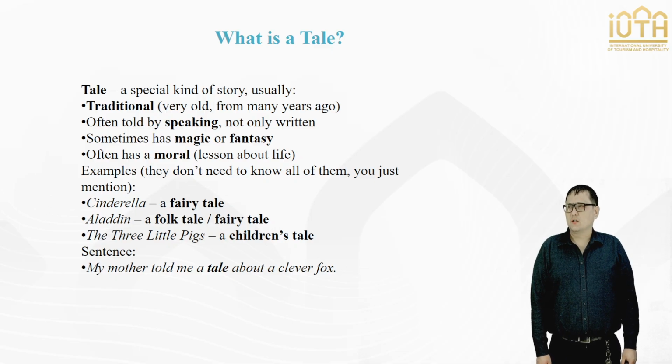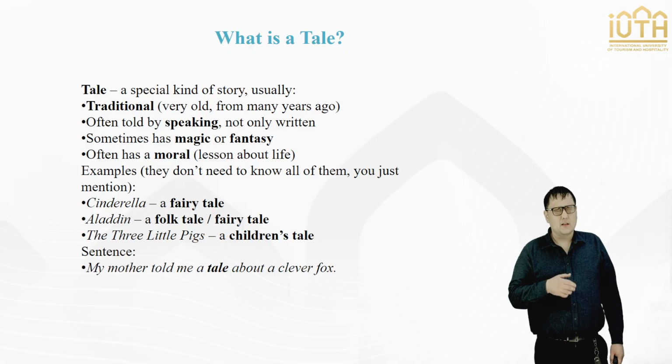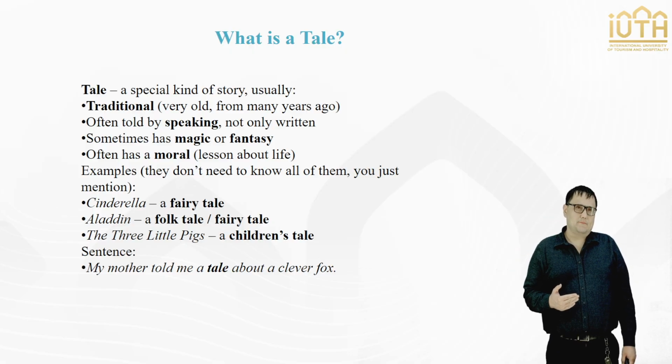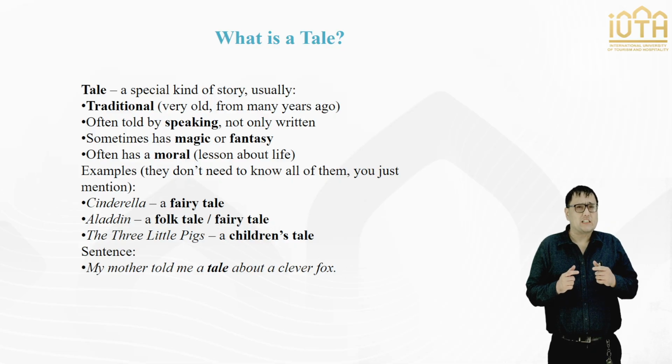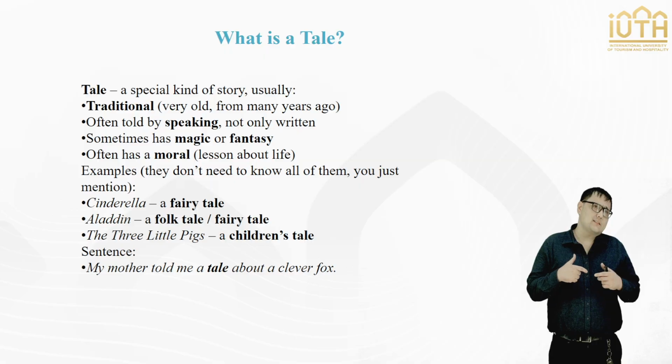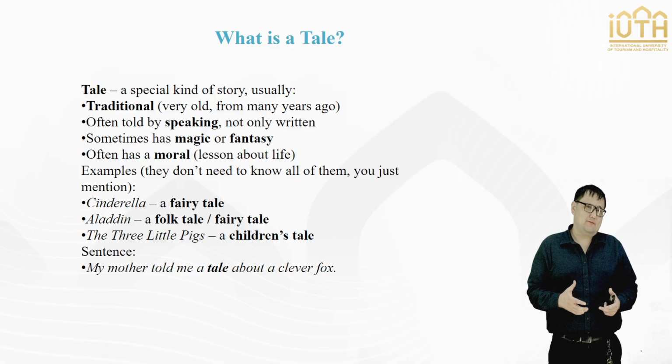So, what is a tale? A tale is a special kind of story, usually traditional, very old, from many years ago, often told by speaking, not only written. Sometimes it has magic or fantasy, often has a moral lesson about life. So, tales have a moral lesson. It means that they are not just a story, they are a story which teaches its listener some kind of lesson.